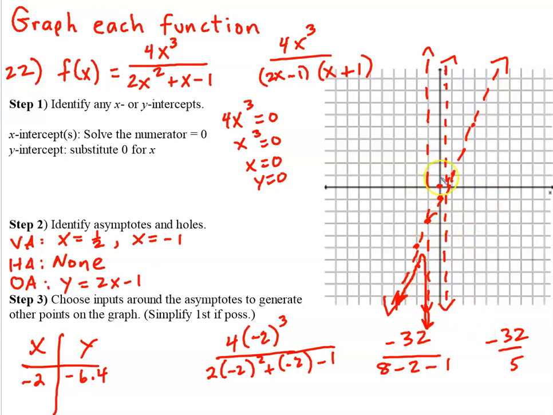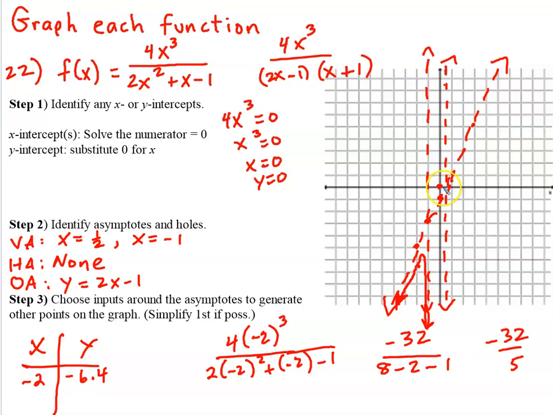And now we've got a piece that's really 3 different sections. I got 2 vertical asymptotes, so I'm going to have 3 different parts to this graph. In between these 2 vertical asymptotes, I know I'm crossing through the origin, and I know I'm going to be crossing over the oblique asymptote.